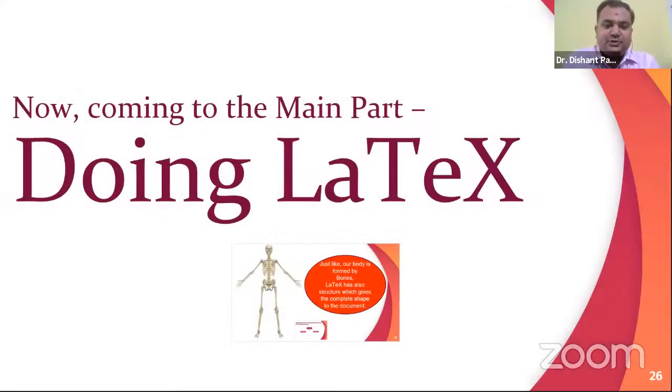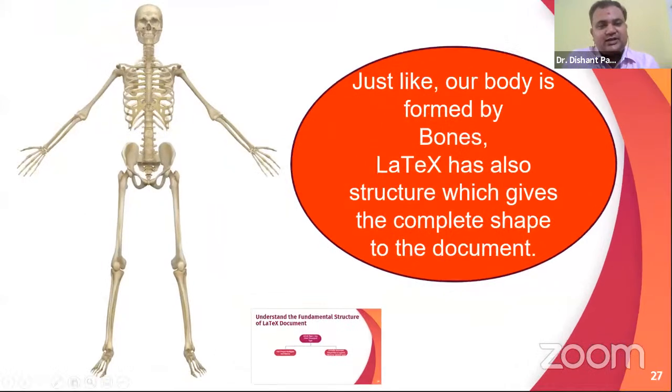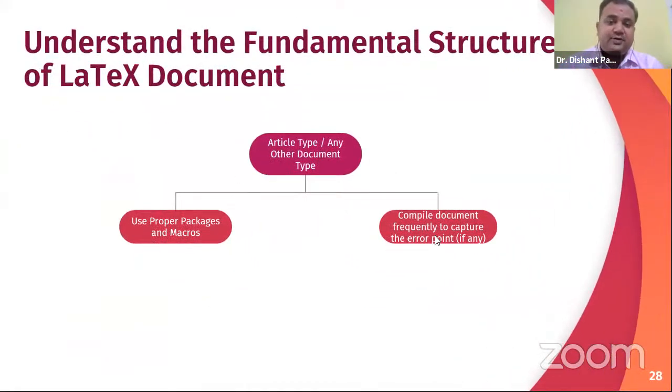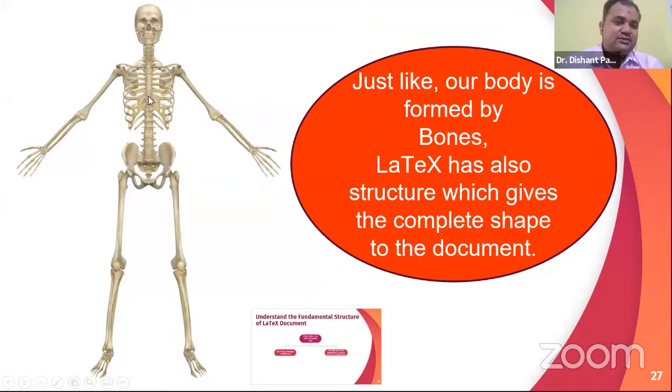Now coming to the main part, doing LaTeX. Let's see how we can go with actual LaTeX and documenting our work. Just like our body is formed by bones, LaTeX also has a structure which gives the complete shape of our document. You can see here that this is the basic thing. These are called bare bones, and on the bare bone structure, if you add your tissues and everything, then you will see a complete human.